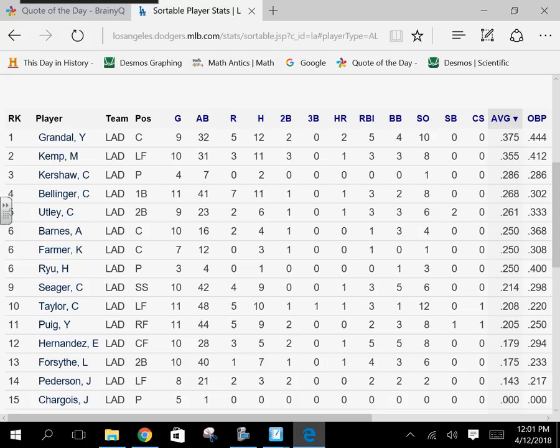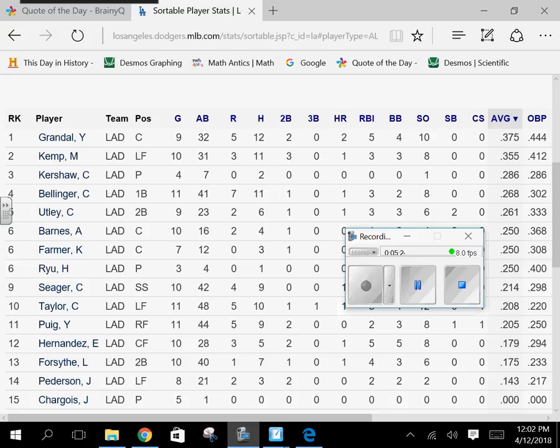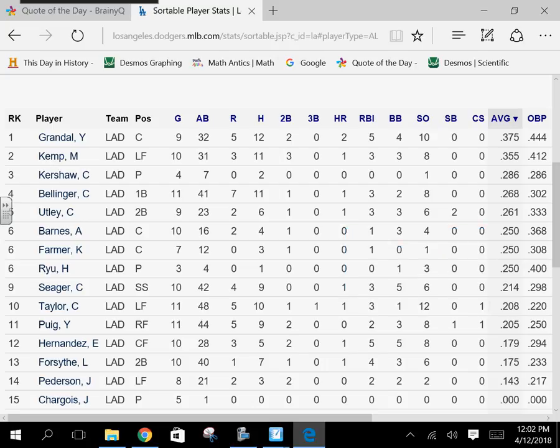Uh-oh, there she goes, Googling that puppy. Oh, it's a walk. This is how many times they walked. You're welcome. So Grandal has walked 4 times. I trust you guys know what a walk is, right? Right. They take first base. SO, strikeouts. That's how many times Grandal has struck out. He struck out 10 times.